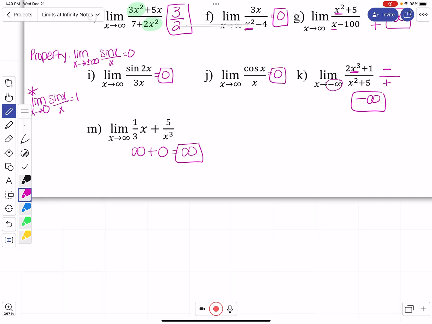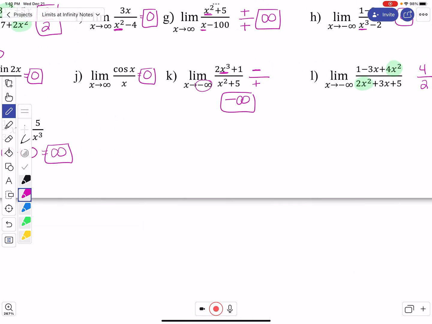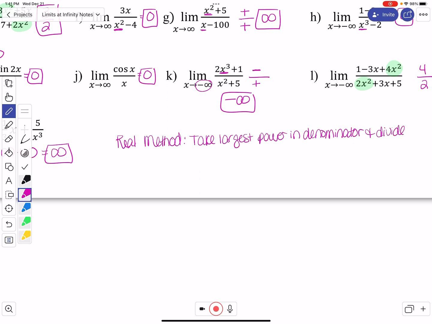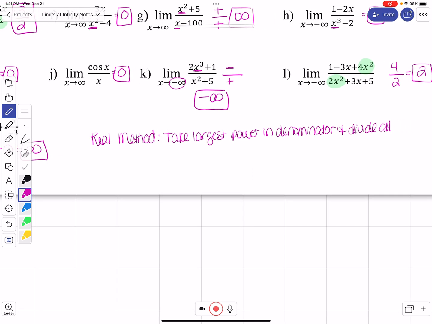Okay, so like I was saying before, this is all shortcuts. The real method for evaluating limits is that you would take the largest power in the denominator and divide all terms.